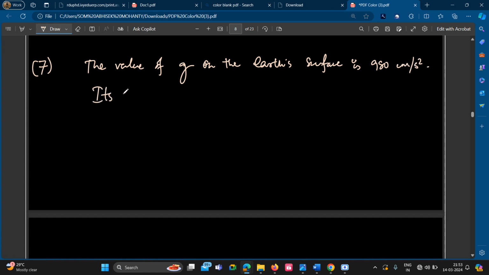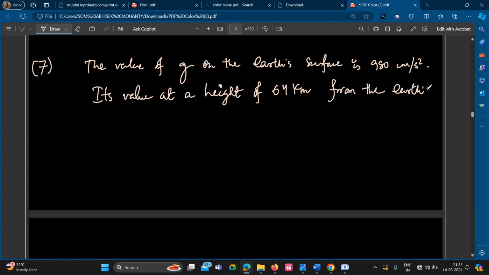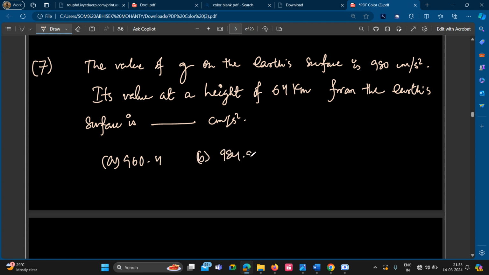Its value at a height of 64 kilometer from the Earth's surface is dash centimeter per second square. Option A 960.4, option B 984.9, option C 982.45, option D 977.55. Please try this question at home.